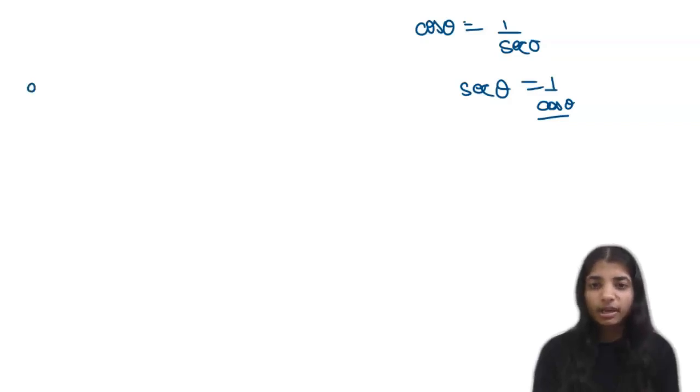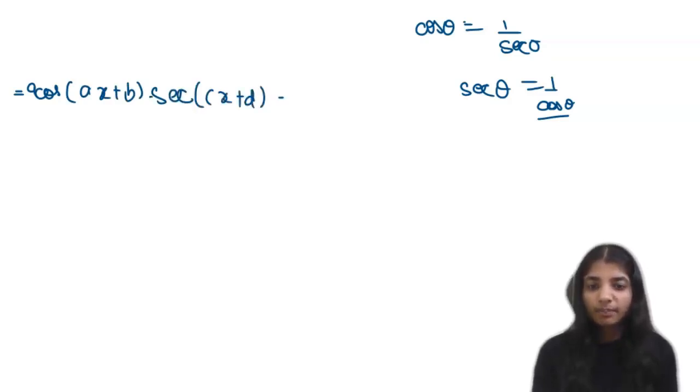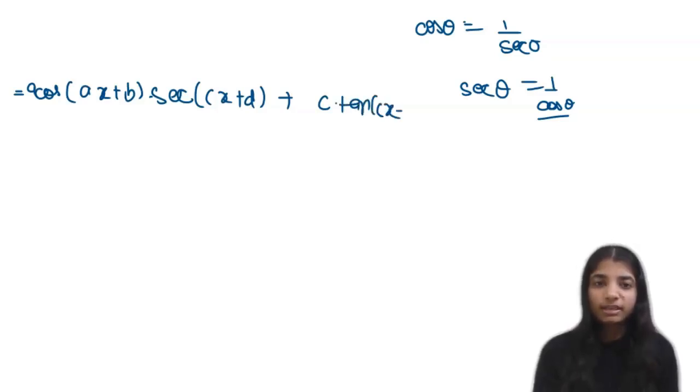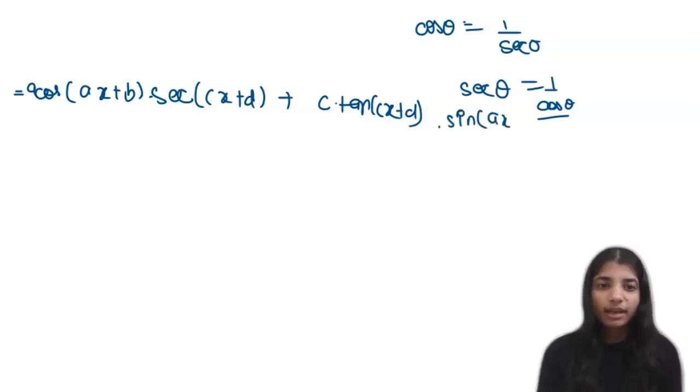So this from here becomes equal to a cos of ax plus b multiplied by secant of cx plus d, plus c tangent theta is already what we are having. So this becomes tangent of cx plus d multiplied by sine of ax plus b.